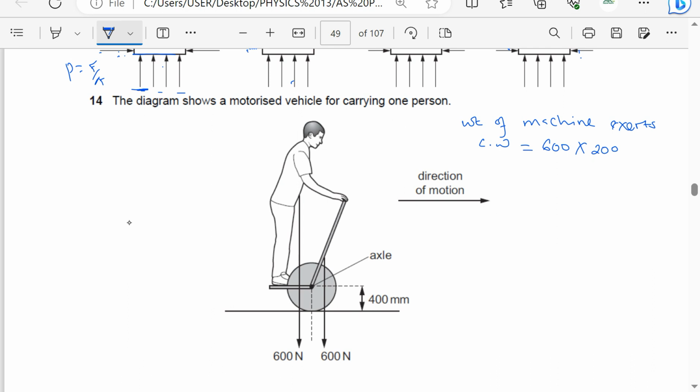Then the weight of the man exerts an anticlockwise moment, which is 600 newtons, and he also stands 200 millimeters from the axle, so this is times 200. Okay, so the machine exerts a force of 90 newtons in the direction of motion.